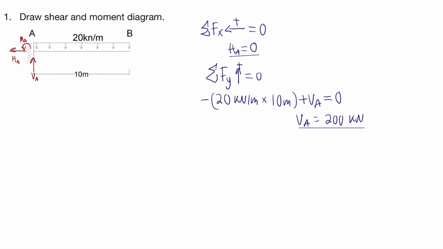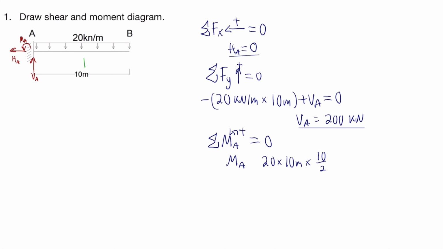Now we will sum the moments from point A, and we will say that counterclockwise is positive. So we have the MA here, and it is counterclockwise, so it will be MA. And then the other load that we have is a uniform distributed load here, so we take the 20 times the 10 meters times the moment arm, which is 10 over 2.